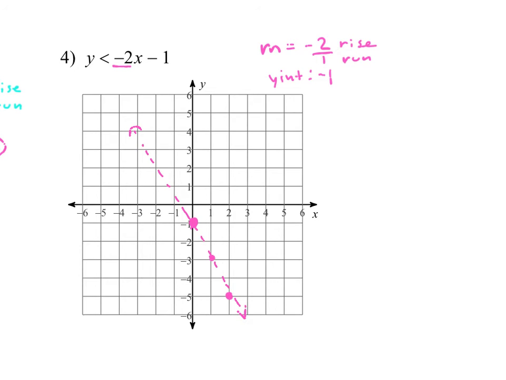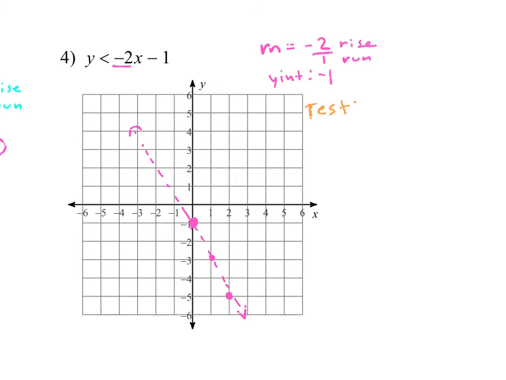So we have 0 is less than negative 2 times 0 minus 1. So 0 is less than negative 1. Is this true? Anybody, is this true? No. So are we going to shade to the right side of our line or the left side?